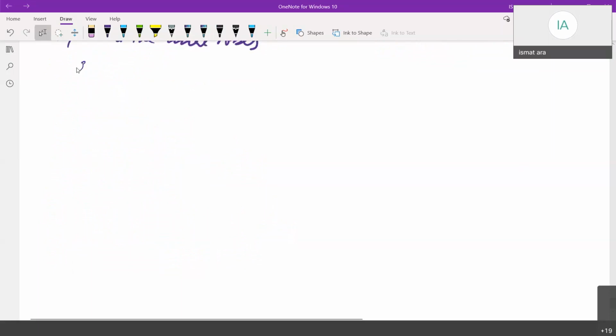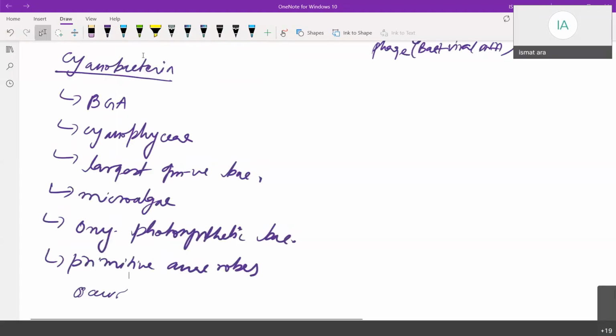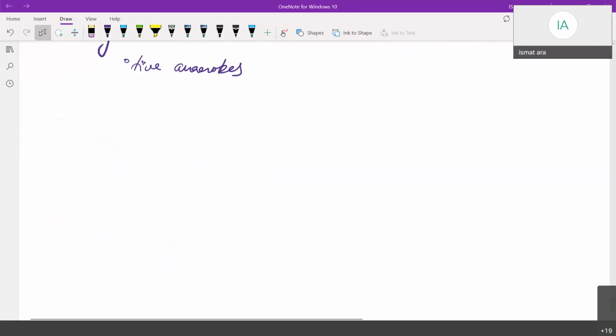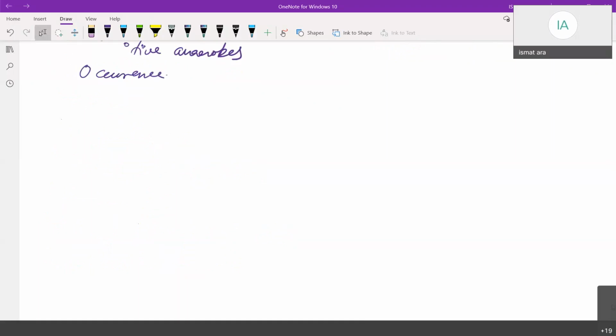If you see the occurrence, they are cosmopolitan, meaning they are found everywhere.